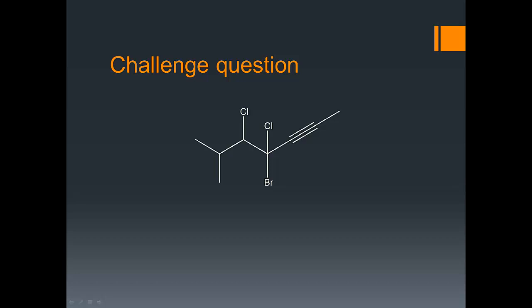Now remember what I said before, that only for alkanes do we number closest to the first substituent. If it's an alkene or an alkyne, or it's got some functional group that's changing the suffix, such as ene, or yne, or ol if it's an alcohol, whatever's changing that suffix, we need to number from the end closest to it.